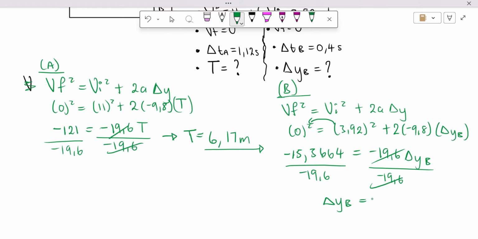That gives me a value of 0.784 meters, and there you have it.